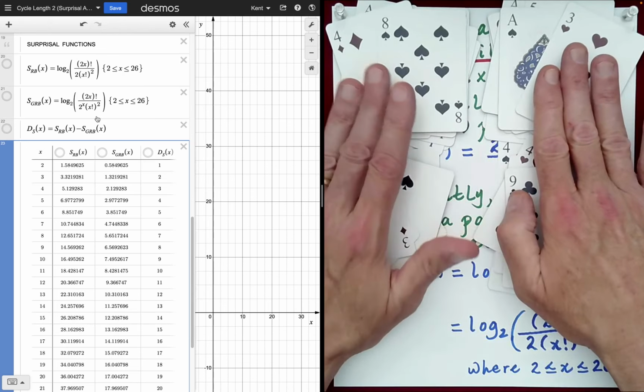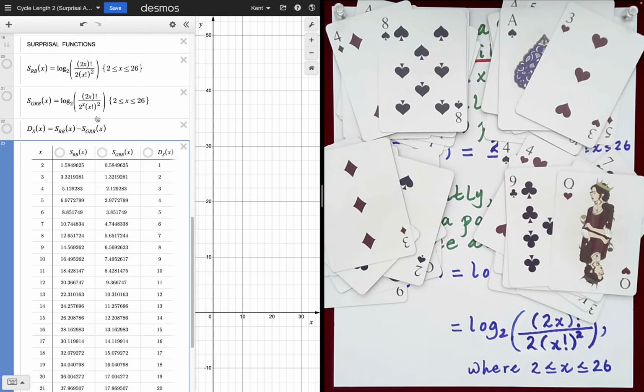But I do want to point out that technically speaking, the true surprisal values for a post-Gilbreath packet are higher than what is being calculated here or in the table down below.